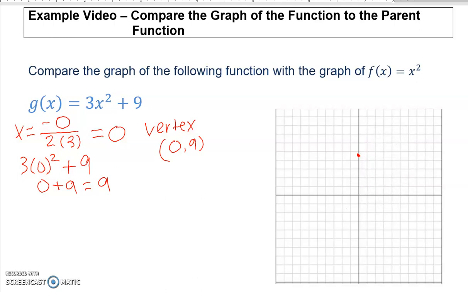And now I'm going to just start finding other points. So I'm going to go to the left of that point and to the right. So I'm going to try plugging in maybe a 4 and see what happens.